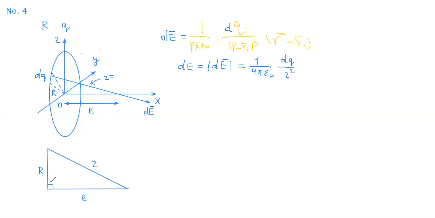So we have this triangle on this picture. So how to find a little r?